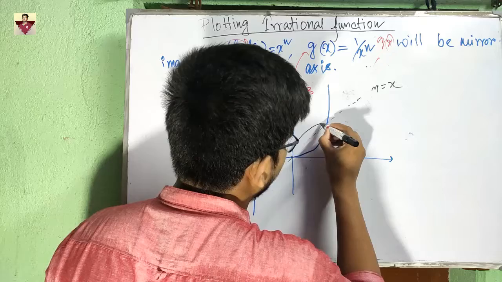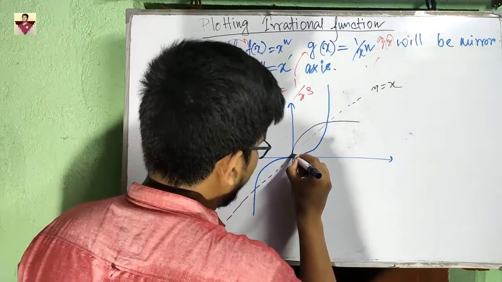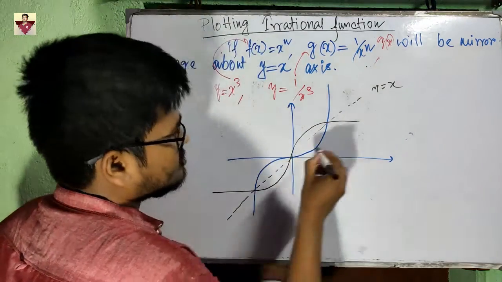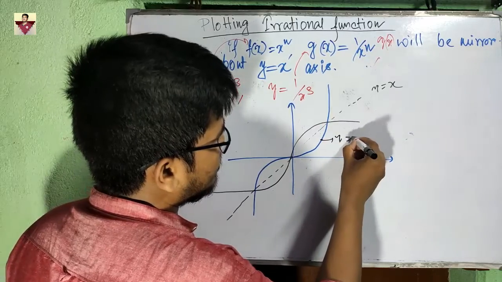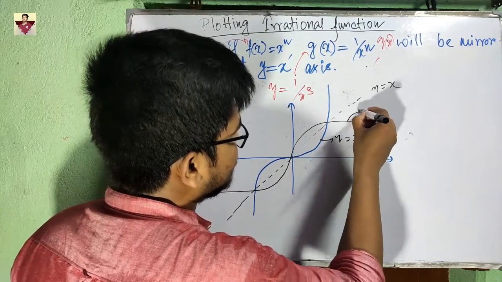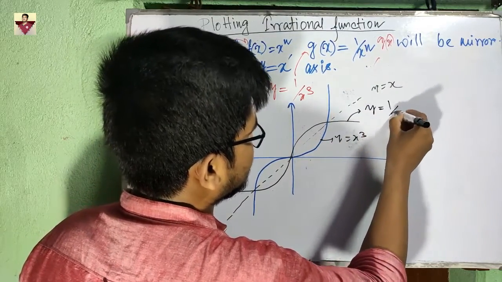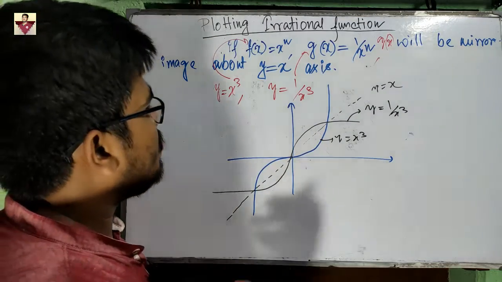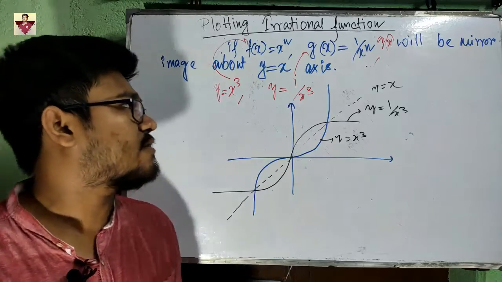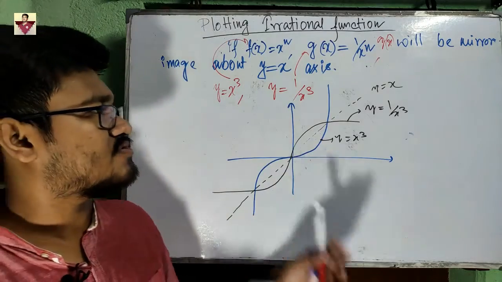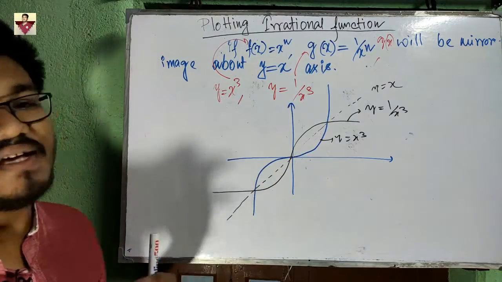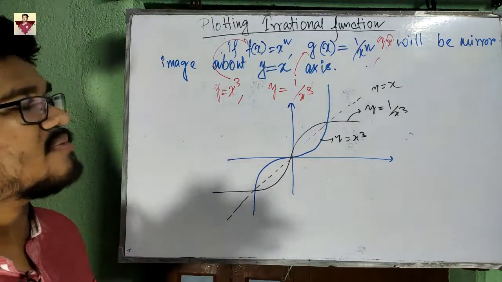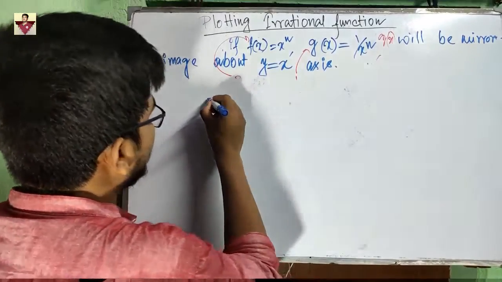I am plotting using the black color here. So this is your y equal to x cube and this black line is y equal to 1 by x cube. Similarly you can plot y equal to x to the power 5 and y equal to 1 by x to the power 5 in this way. So this mirror image concept is very useful for plotting graphs from a known function.